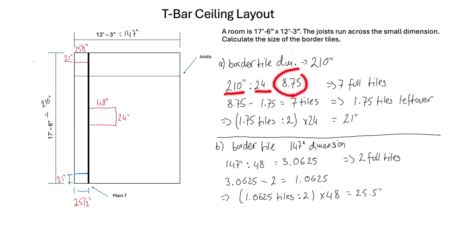And we always want to have more than 1 tile left over. So we have our leftover of 0.75, and we want to have 1 full one additionally, which means we have 7 full tiles, which leaves us with 1.75 leftover tiles that we can then divide by 2 to find out how much of a tile we have left for that border.